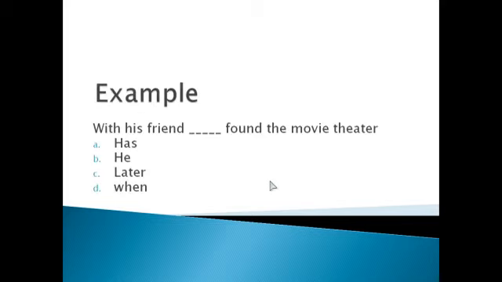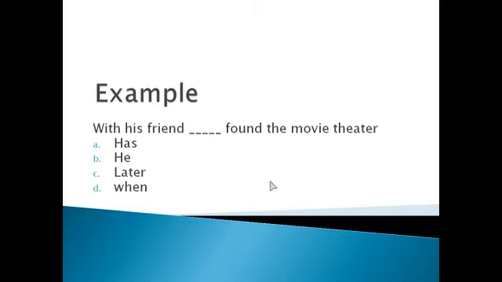For example, with his friend blah blah blah found the movie theater. Answer A, has. B, he. C, later. And D, when. In this example, you should look first for the subject and the verb.